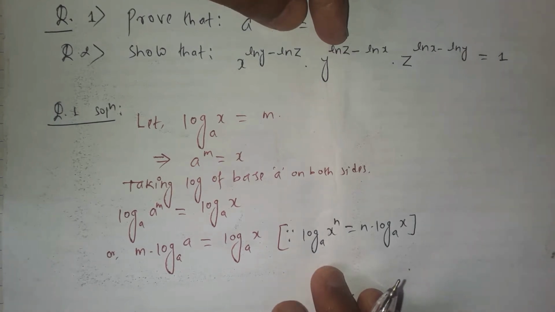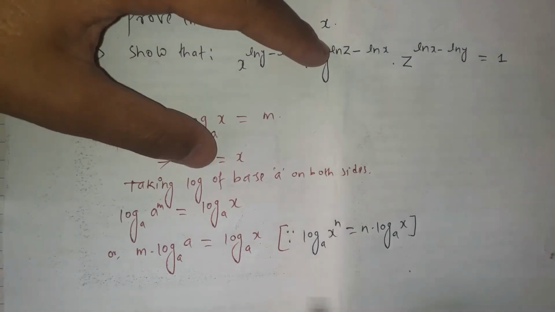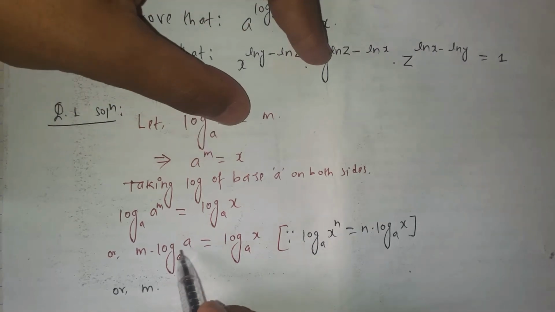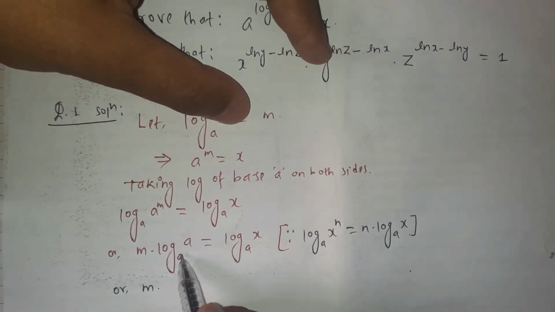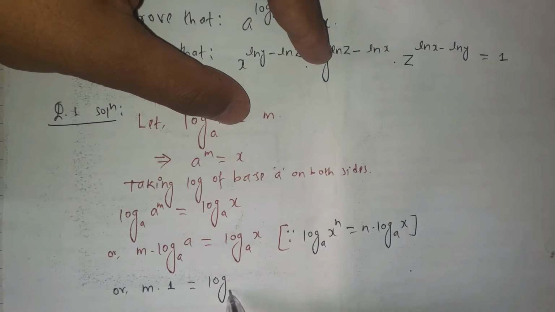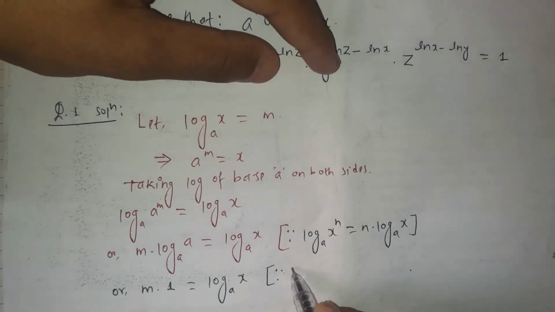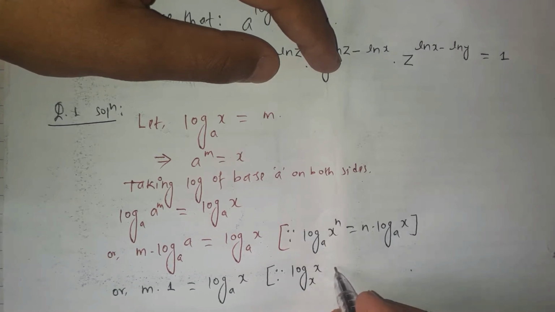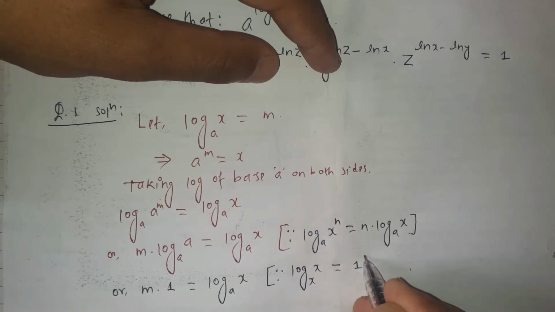Please remember this property. This can be further written as m times 1, because if the argument and the base of the logarithm are the same, then the result will always be 1. So m times 1 is equal to log with base a of x.